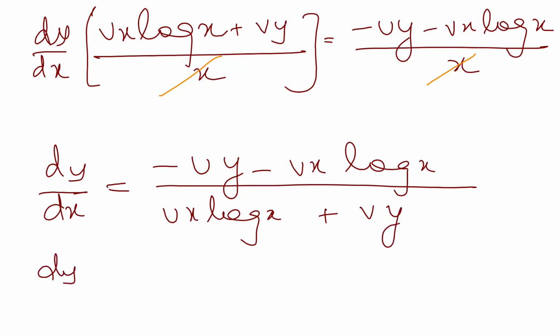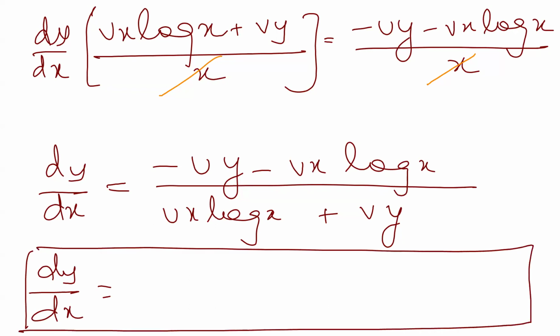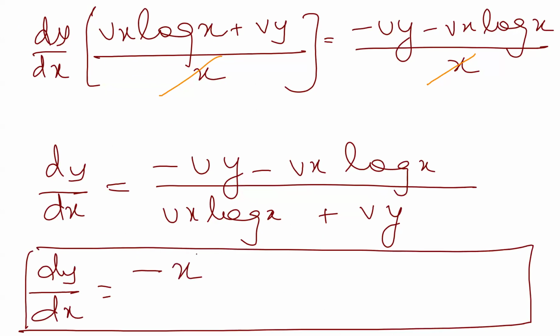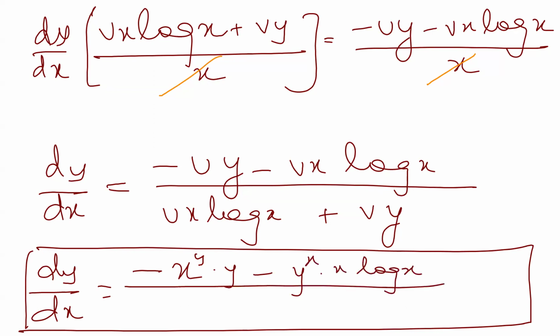And the last step, re-substitute the values of u and v. u is nothing but x raised to y, and v is y raised to x. So x raised to y into y raised to x into x log y upon x raised to y into x log x plus y raised to x into y.